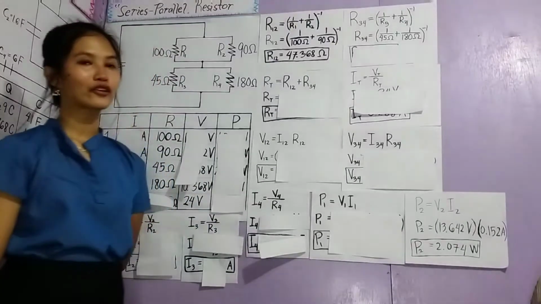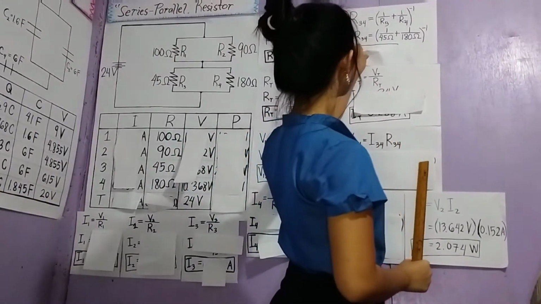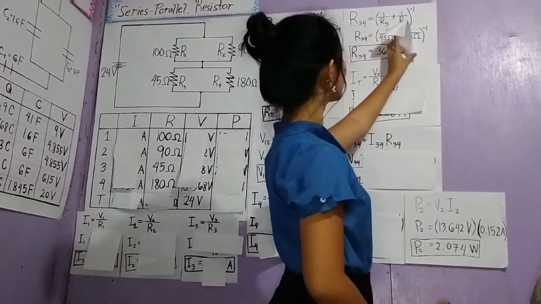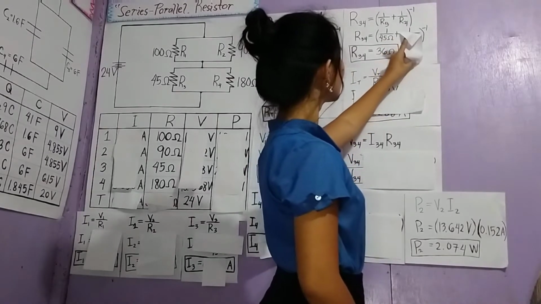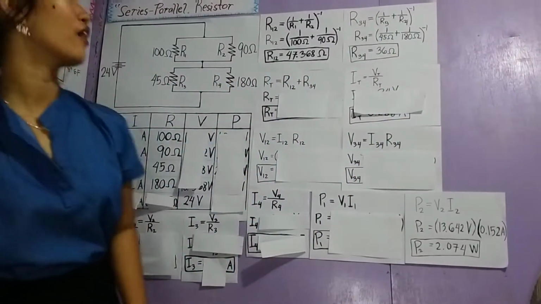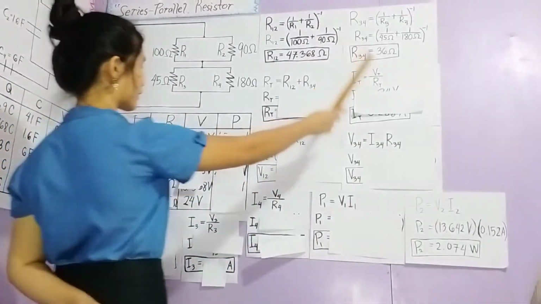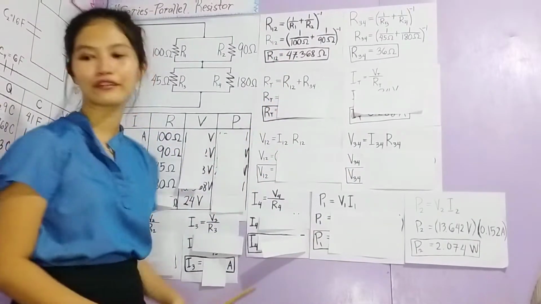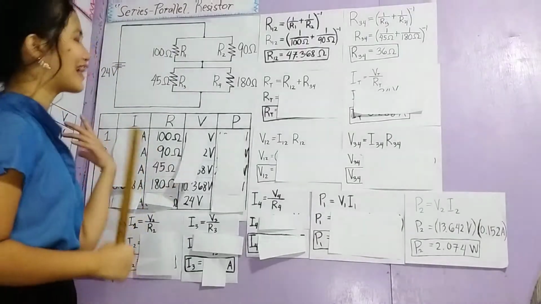And using the calculator, we will be able to get an answer of 36 ohms. So our R34 is 36 ohms, while our R12 is 47.368 ohms.